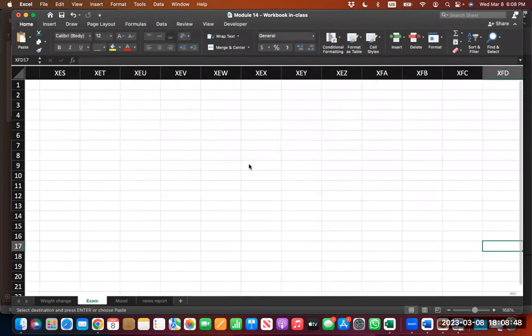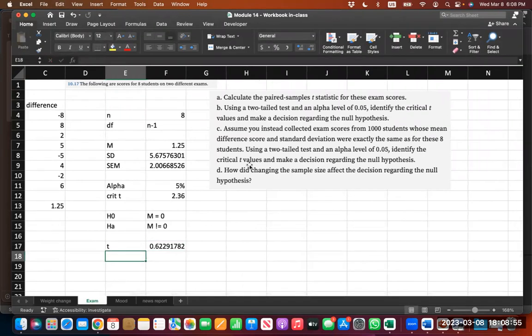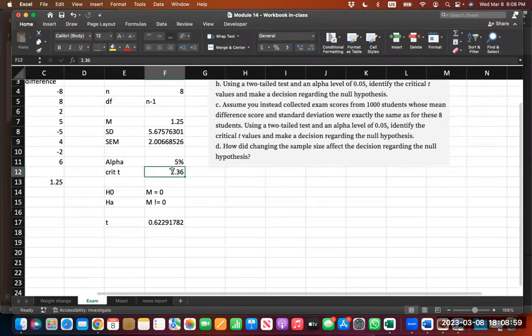So that's our t. We see already it doesn't exceed our critical t, therefore we will accept the null.